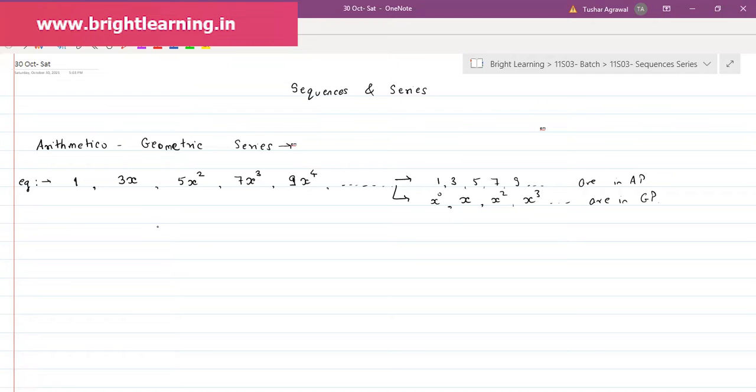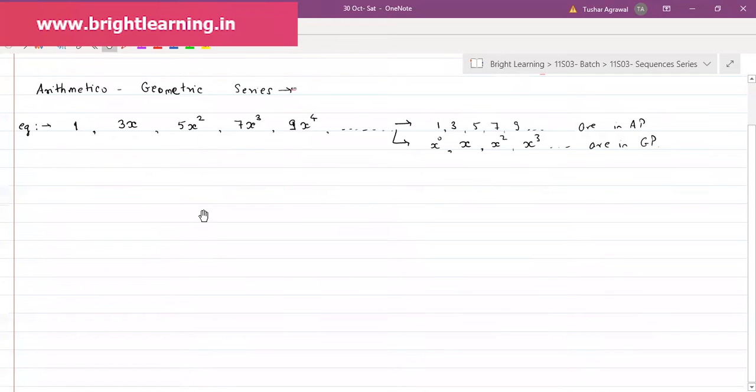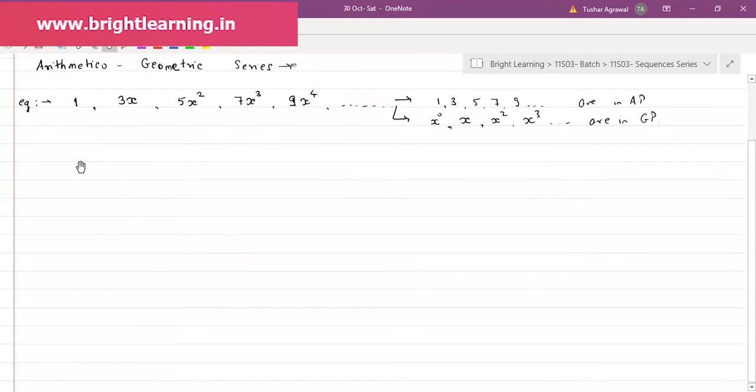So how do we calculate the sum of this sequence? Let's solve one sample question. We will derive a formula also, but if I give you the direct derivation, you will get confused, so let's understand with the help of an example.